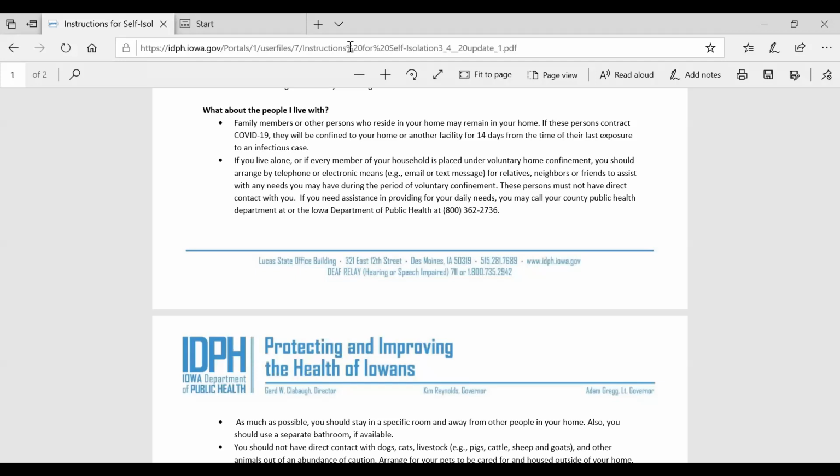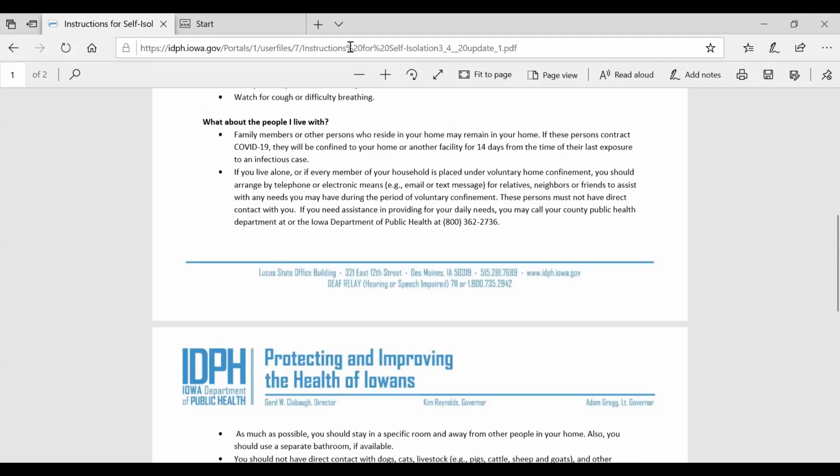If there's an ability to designate a private restroom for them, that's great. They not only need to stay away from the other people in the house, but also from any animals. And that's just out of an abundance of caution. We know that some coronaviruses can infect animals, and we just want to prevent having any issues. So we're telling people to isolate themselves from other people and from animals.